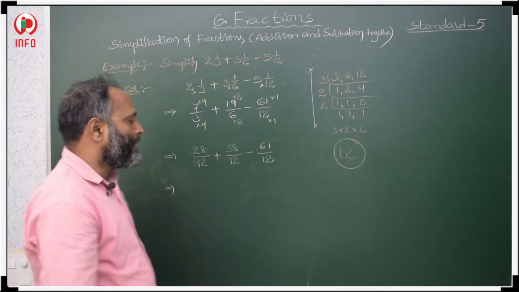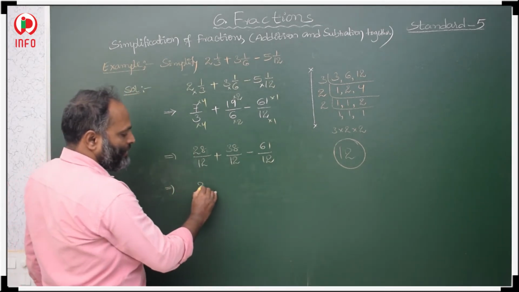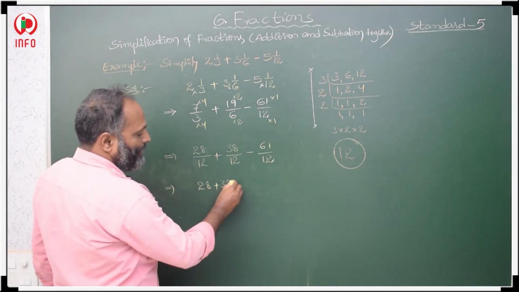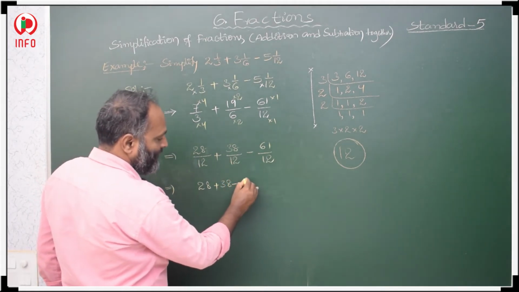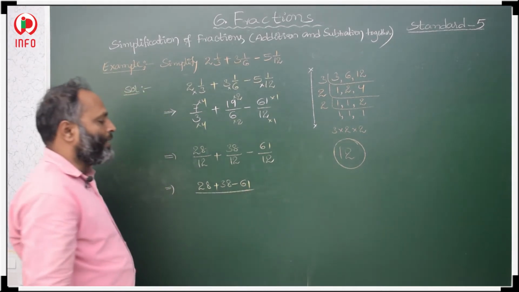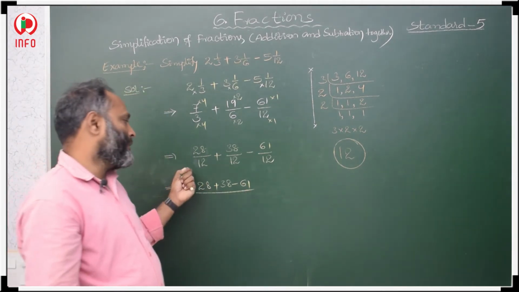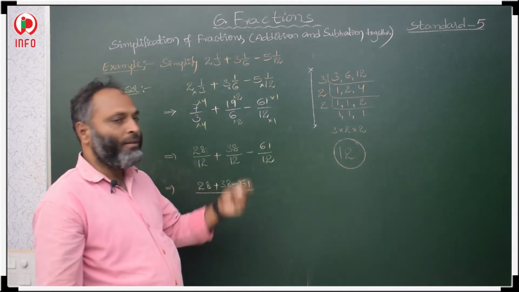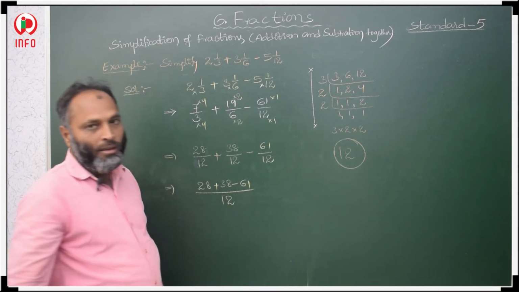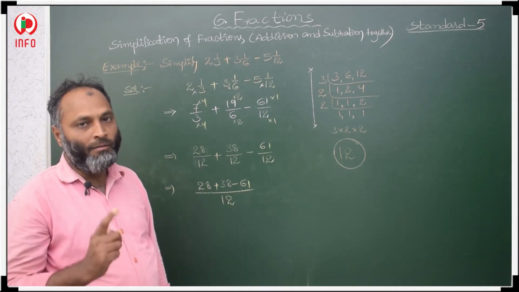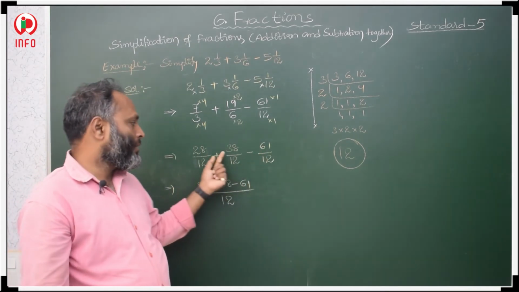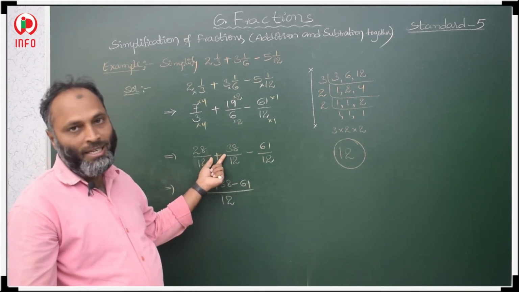So, 28, after that the plus sign, then 38, then after that the minus sign, 61, divided by the common denominator. What is the common denominator here? 12, 12, 12. So, we take that common denominator once. And we take all the numerators with the signs.